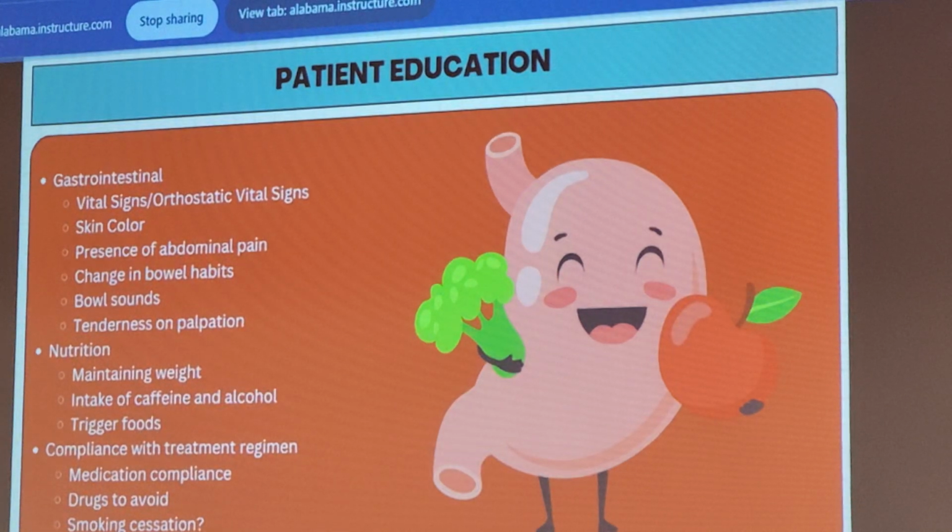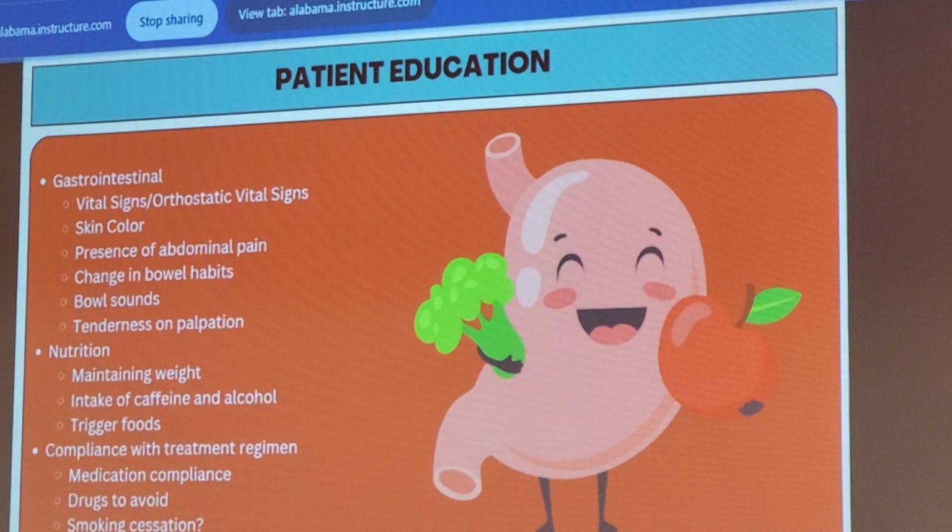All right, so what do we need to educate our patients on? Any thoughts? Signs of bleeding, which can indicate an upper or lower GI bleed. So we need to educate them to what? Come to the hospital, right?